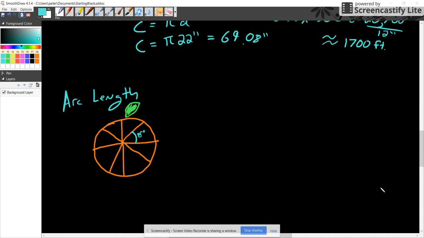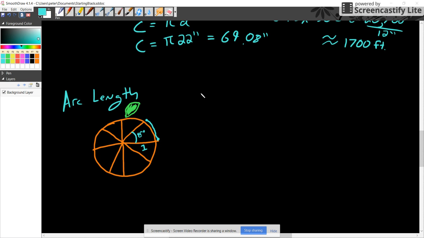Okay, now we've got to talk about arc length. So I've got an orange here. Look at that picture. Wow, such an amazing picture. And I want to estimate, if I were an ant and I were to walk from here to here, how far I walked. We're going to say this orange has a diameter of 2 inches, so it has a radius of 1. How far would I walk?